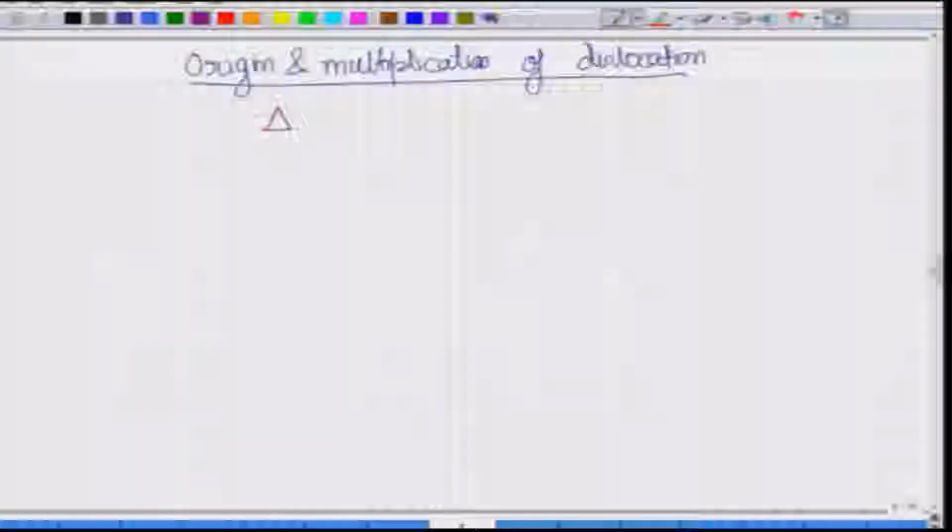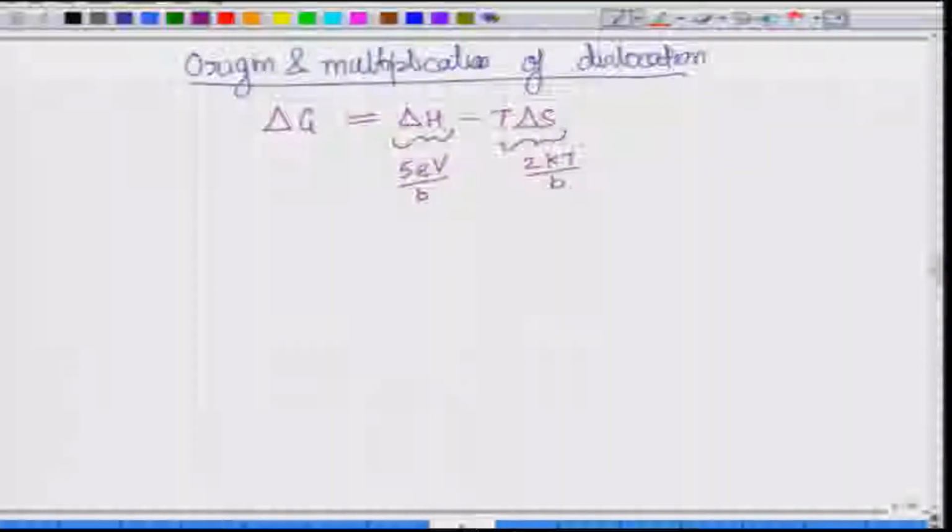So, let us start with the equation which we started with for point defects, which is delta G equal to delta H minus T delta S. Delta H is the energy of formation and it can be given approximately as 5 electron volt by b, and T delta S is 2 kT by b, and this is per unit length.